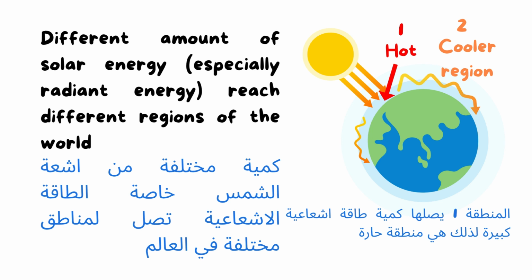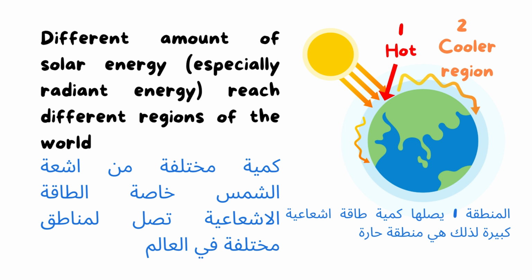Yes, different amounts of the radiant energy reach different regions of the world. Okay, so the different amount means the amount of solar energy isn't equal, as there are some regions that get more sunlight or more radiant energy, okay, and some regions or areas that get less solar energy or radiant energy, okay?